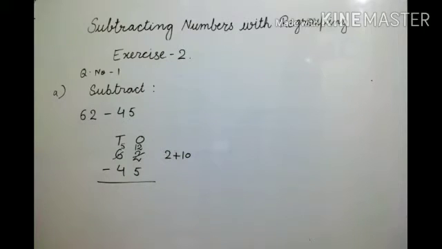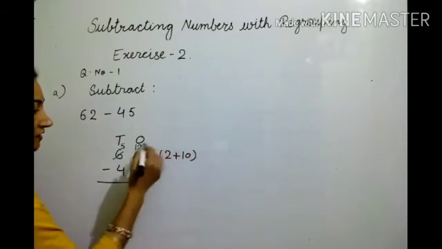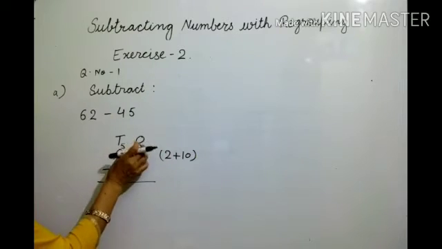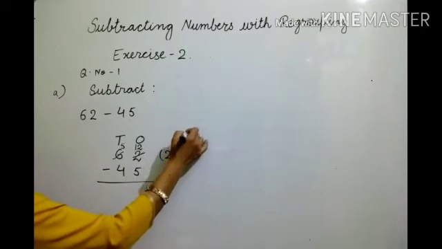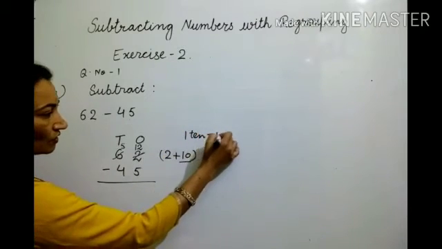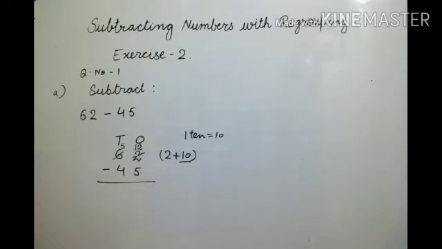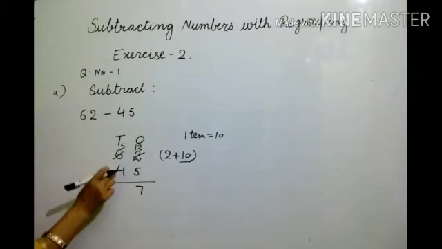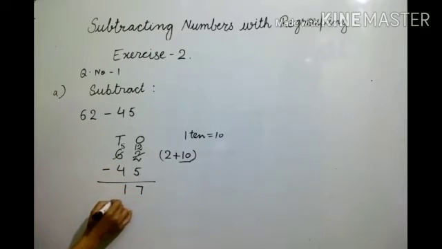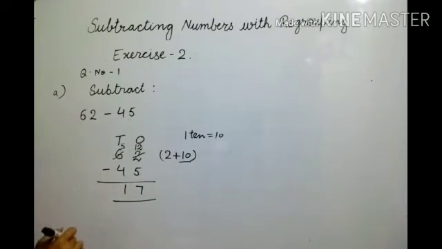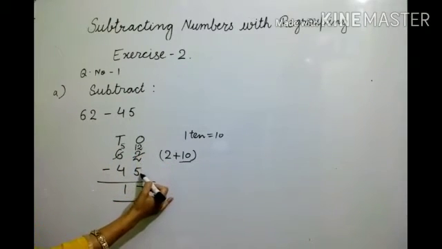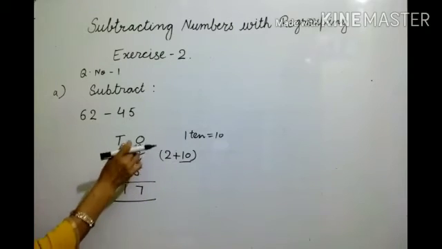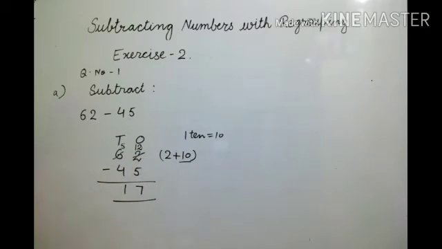It will become 10 ones because we are dealing in ones, so we convert into ones. 1 ten is equal to 10 ones, so here becomes 12. Now 12 minus 5 is 7. 5 minus 4 is 1. Understand? When the upper number is small and the lower number is big, we take borrow and then subtract.